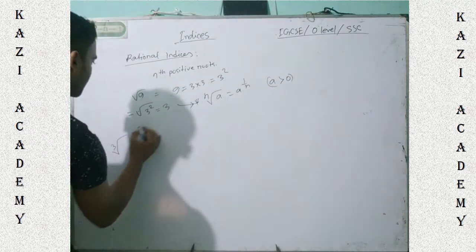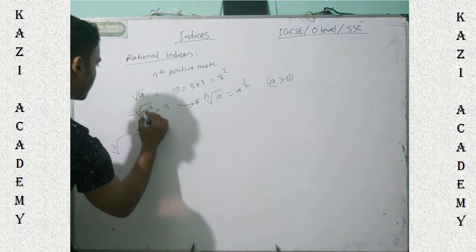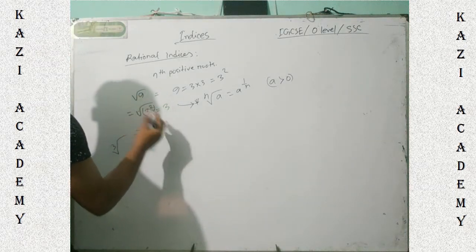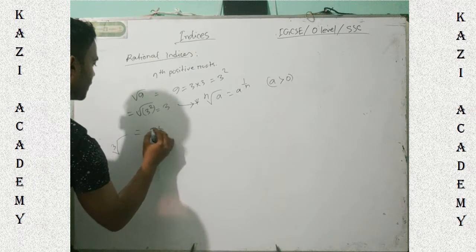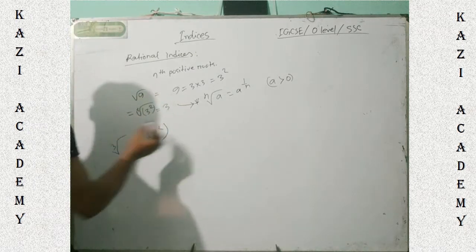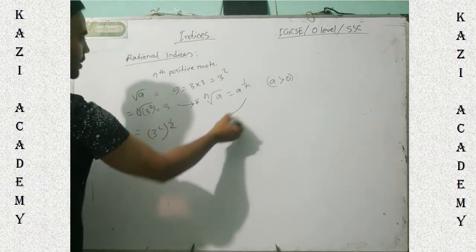So if we apply this formula here, a square root inside 3 square. So 3 square to the power 1 by 2, because this is 2.